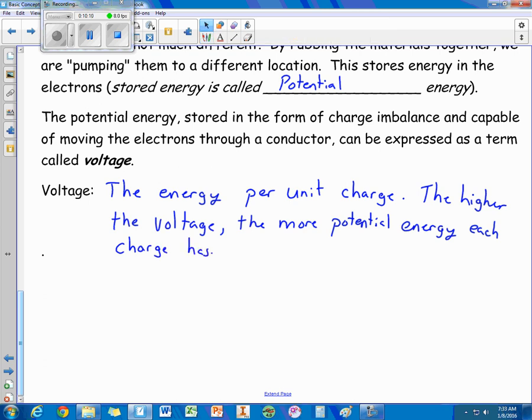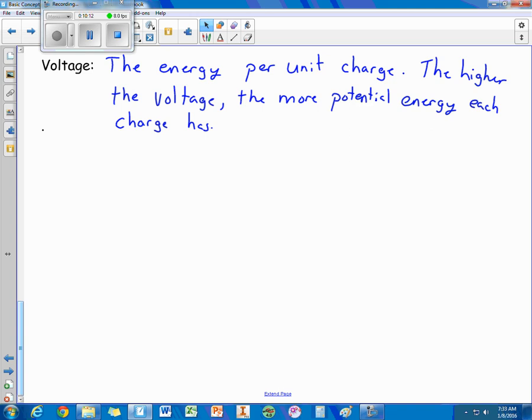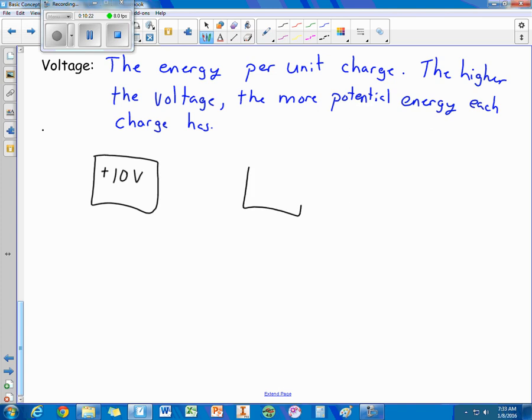That is how electrons flow from high voltage to low voltage. So if I have something up here that has, let's say, positive 10 volts, and something here that has, let's say, positive 3 volts, if I were to connect this with a wire, the electrons would flow from the 10 volt to the 3 volt. So electrons want to flow to where there's less voltage.